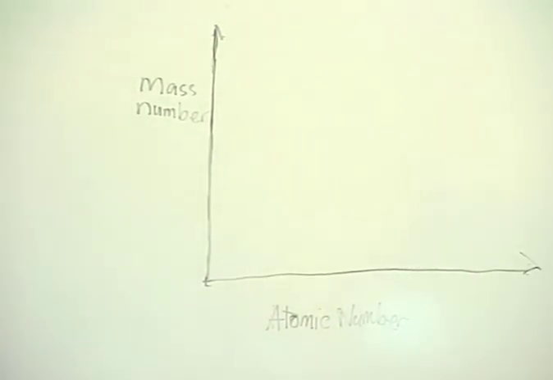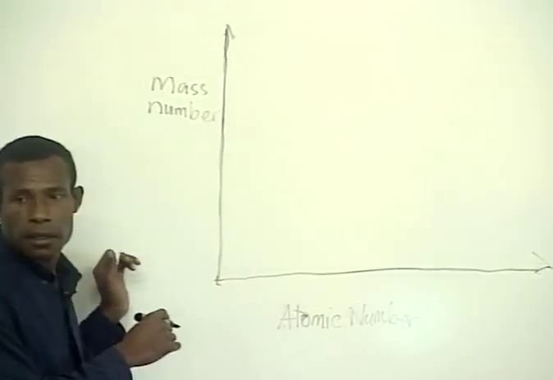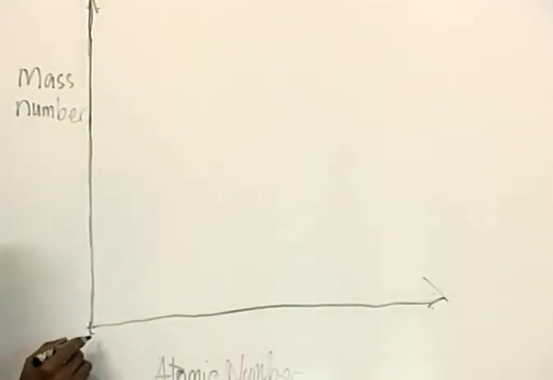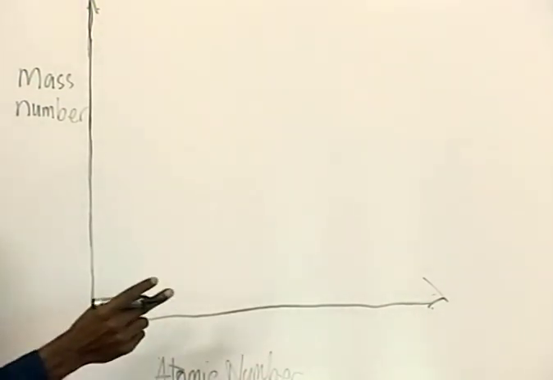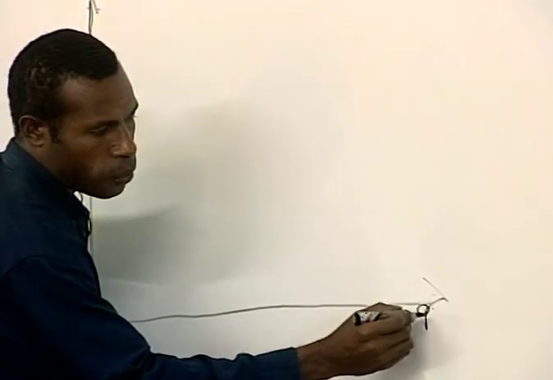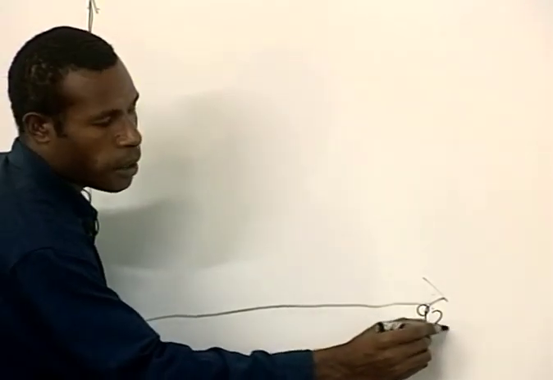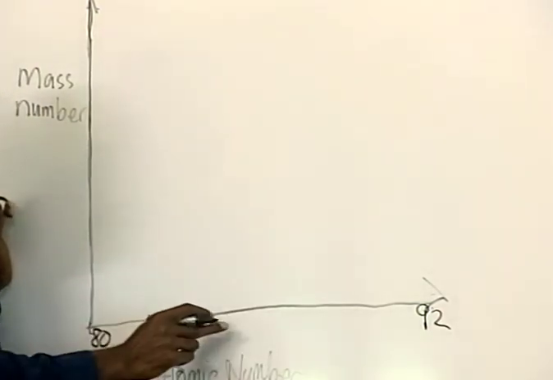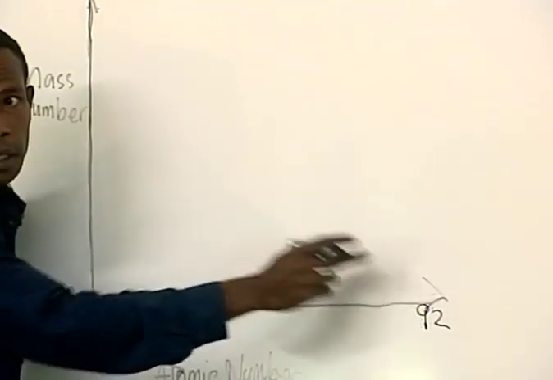What is the atomic number for lead? It is 82. We start with 80 over here, and uranium is 92. So you plot your numbers over here, 80, 81, 82, right up to 92.